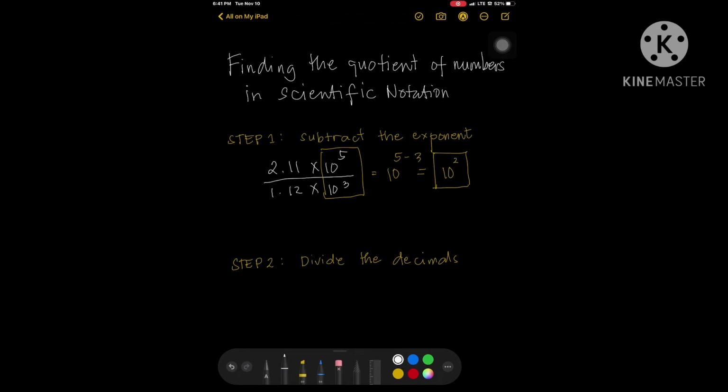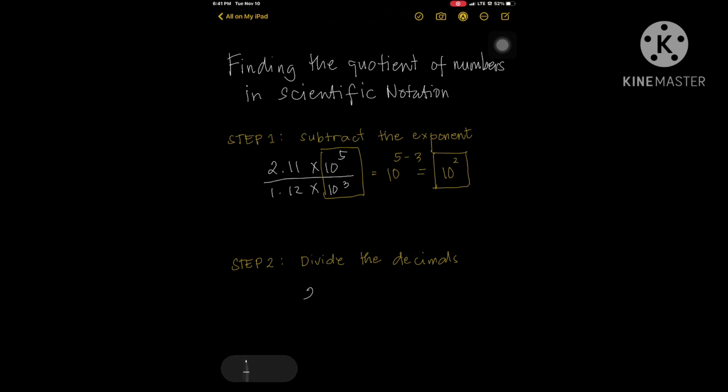Step 2 is you are going to divide 2.11 over 1.12. So, using your calculator, you can easily find the quotient of these two numbers. So let's use the calculator now.